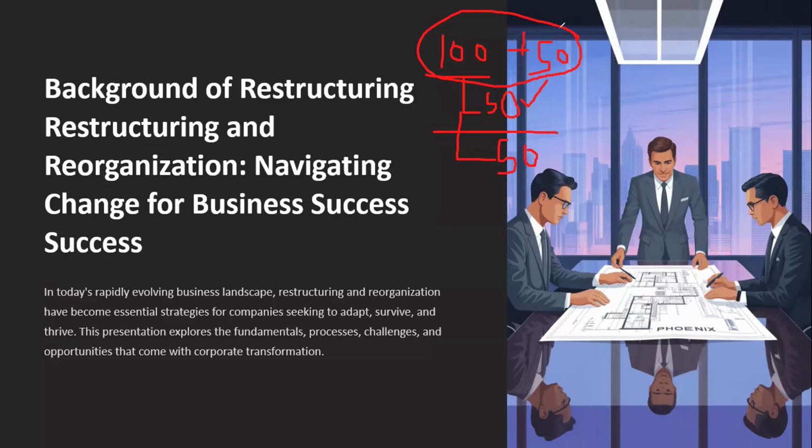If my 100 rupees was able to generate 50 rupees profit, now 150 will generate 75 rupees profit. So ultimately, my profit is increasing, my returns are increasing, and I'm contributing towards growing my asset holding. So that is called increasing value of firm and growth.